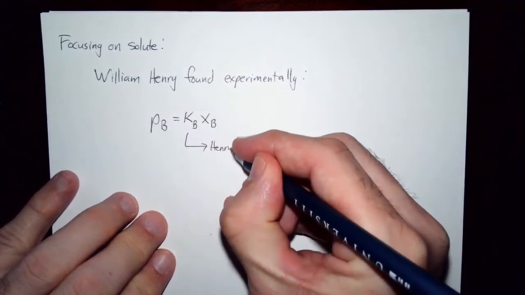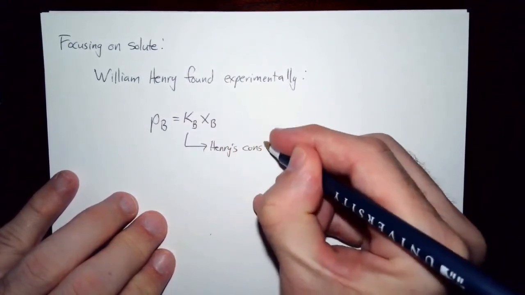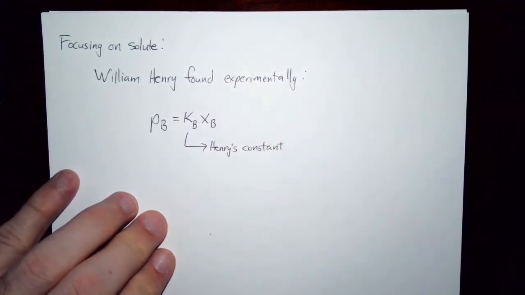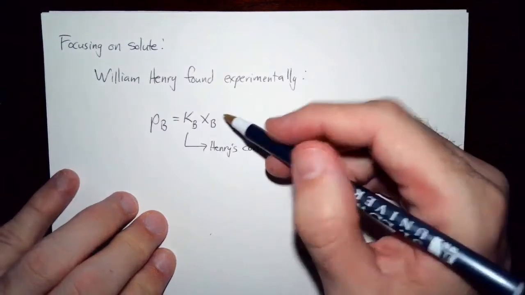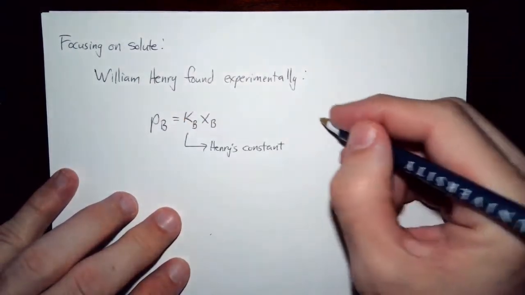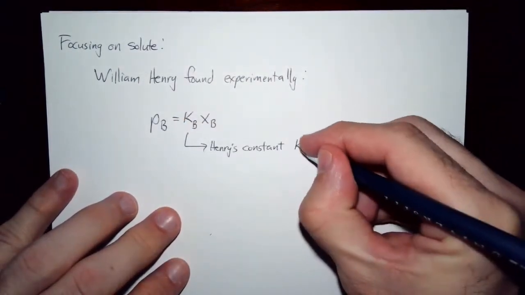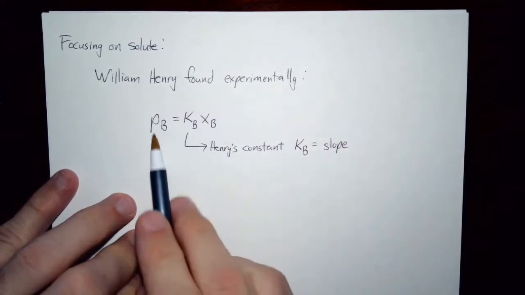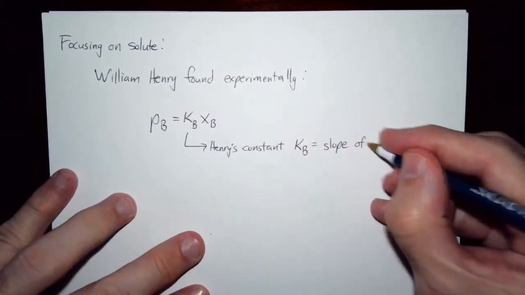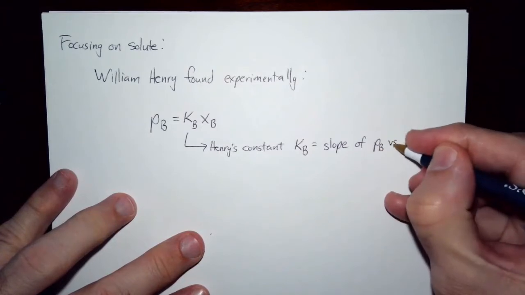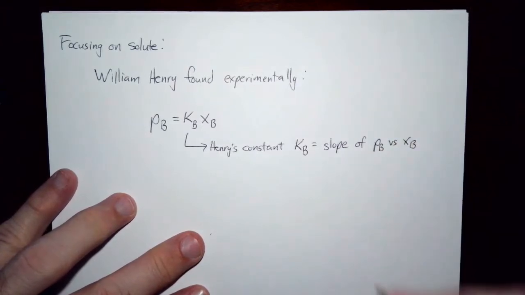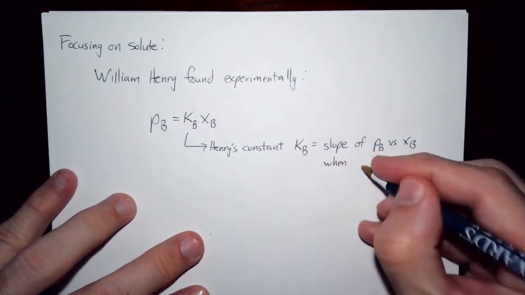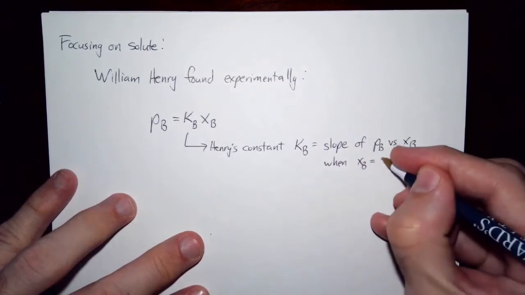And it varies from substance to substance. The way that you find Henry's constant is that KB is equal to the slope of P versus X when X is 0.